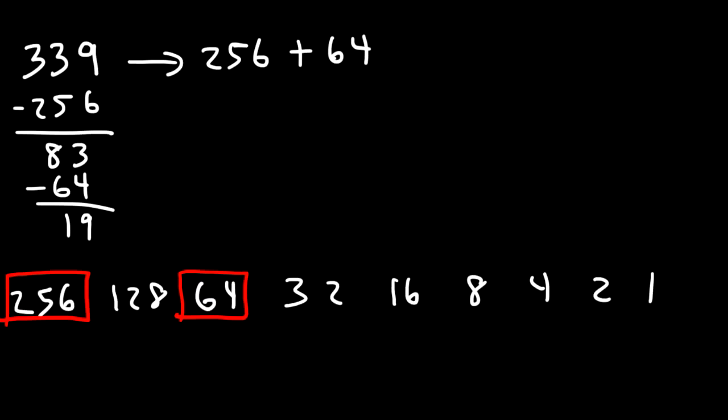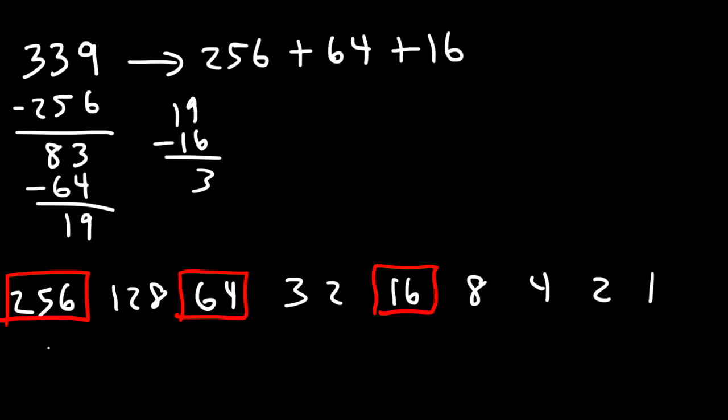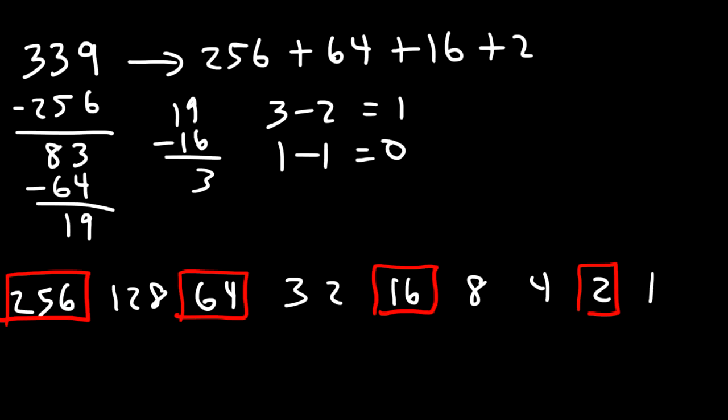Now the next highest number under 19 is 16. So let's do 19 minus 16. And so that will give us 3. And so let's write the 16. And then the next highest number that's under 3 is 2. And so 3 minus 2 is 1. So let's put the 2 here. And then 1 minus 1 is 0. So we need to include the 1 as well.